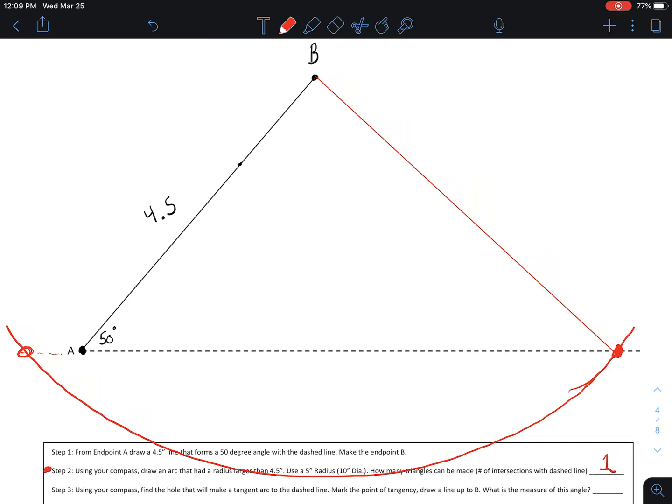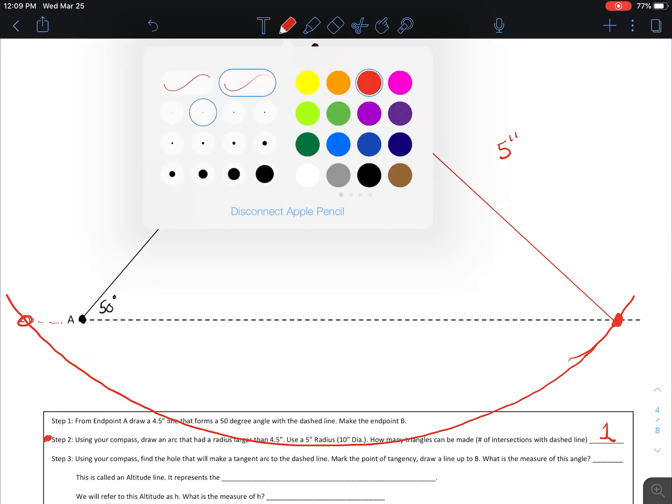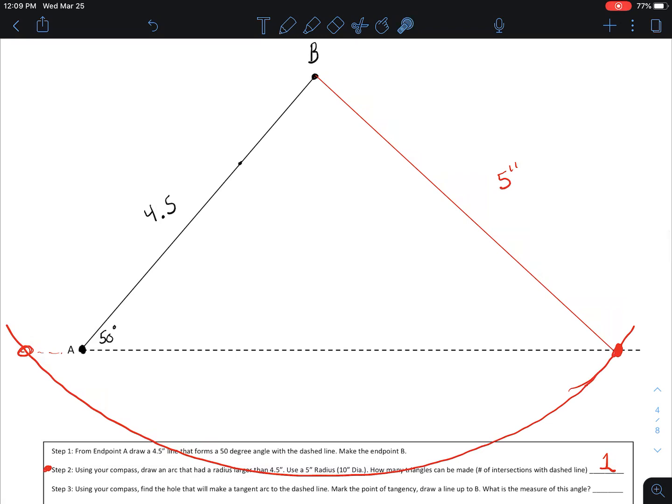Now, this is if the opposite side is larger. That was if I had a 5-inch side here. Now, let's look at a different case. This next step is where we want to determine, with the compass, a tangent arc and draw a line up to B. A tangent arc means that if I were able to draw this arc, it would just barely skim that dashed line.